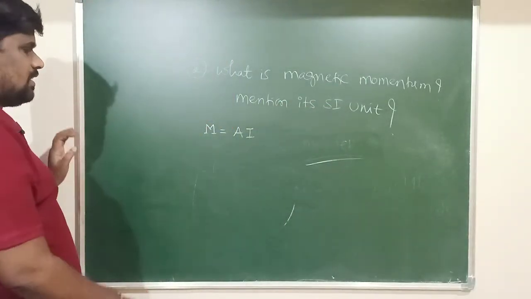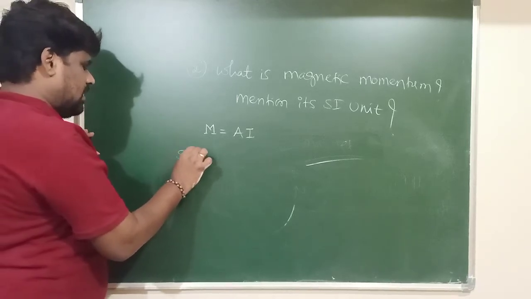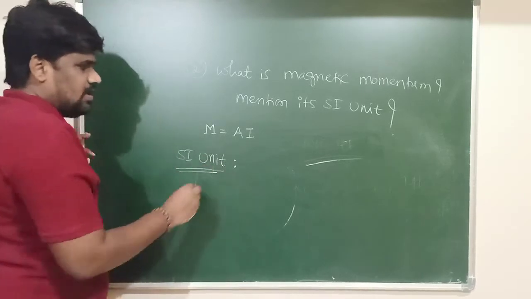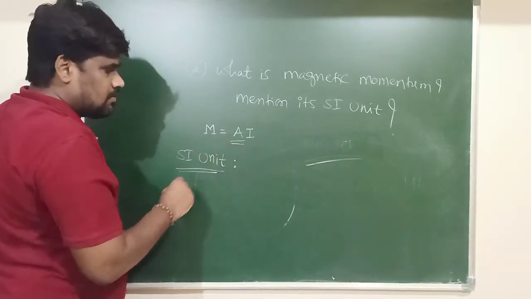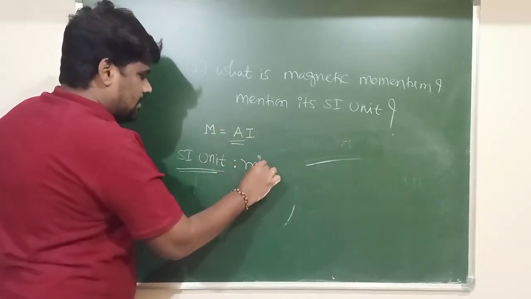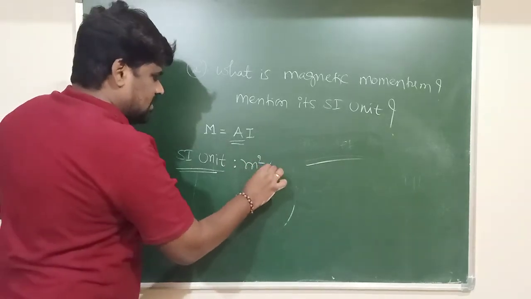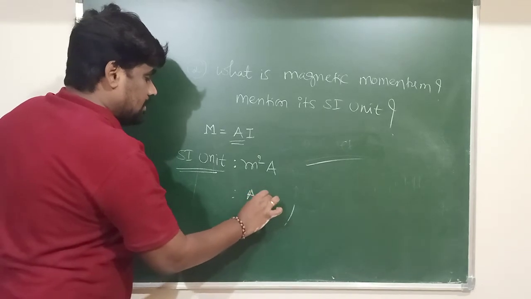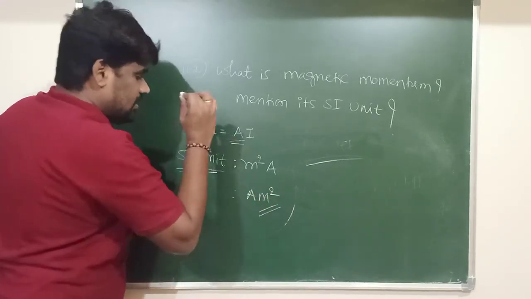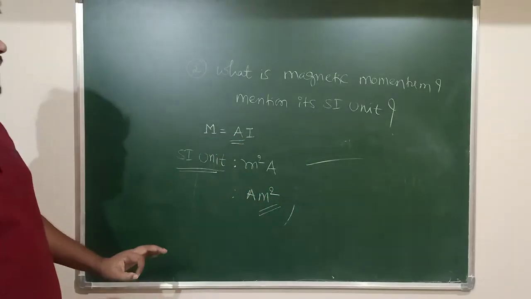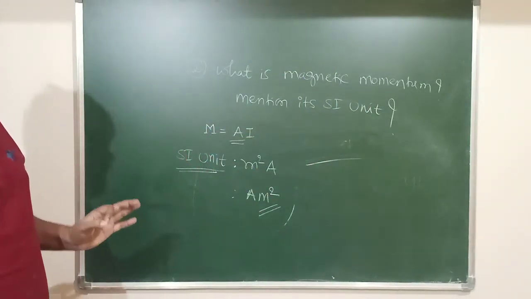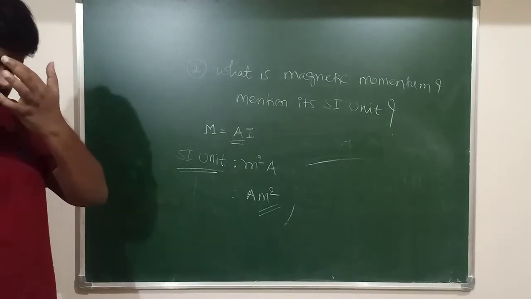Then what is its SI unit? Area is expressed in terms of meter square, and current is expressed in terms of ampere. Therefore the SI unit is ampere square meter. The ampere square meter is the SI unit of magnetic moment. What is magnetic moment?